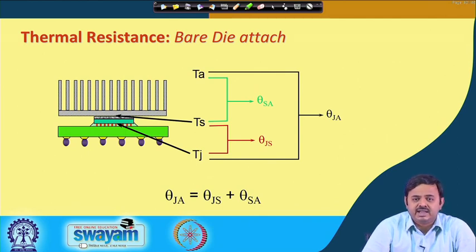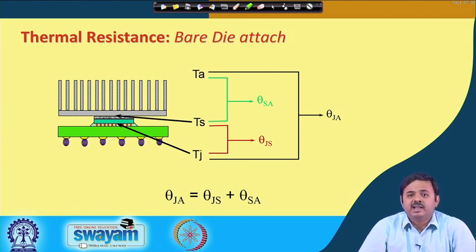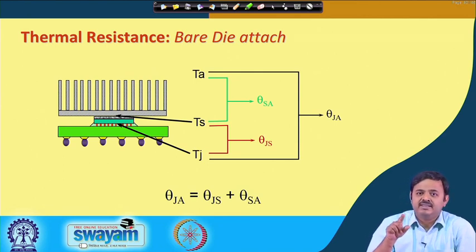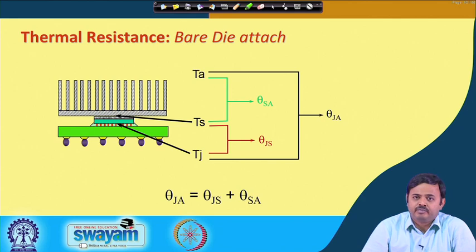That is 60 degrees, 90 minus 30. So then what is the maximum amount of heat that can be dissipated in this path? That is going to be 60 degrees, which is Tj minus Ta, divided by theta Ja. So, 60 degrees divided by 3 degrees C per watt, or 20 watts.